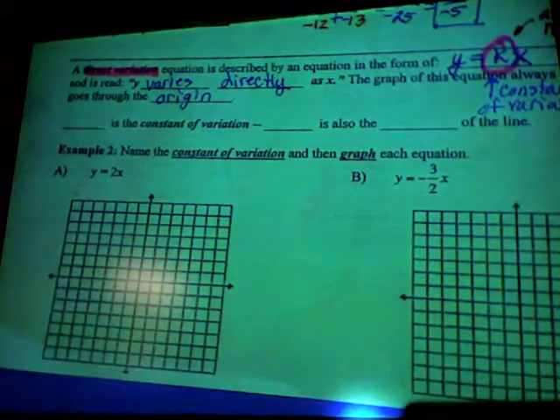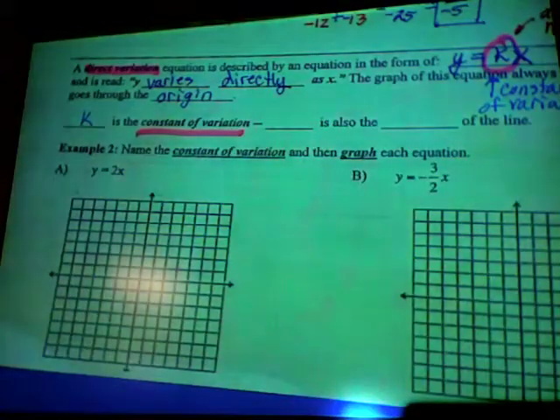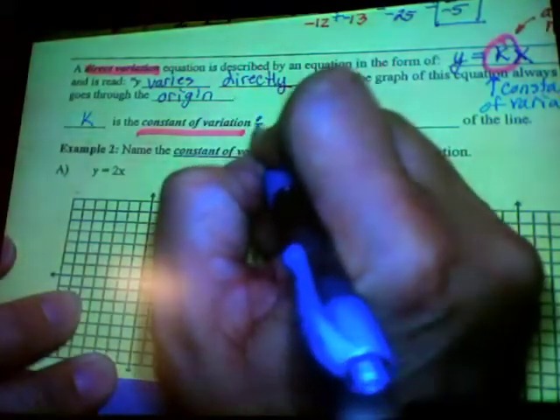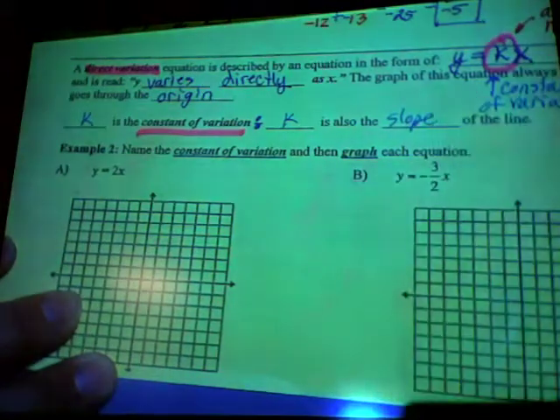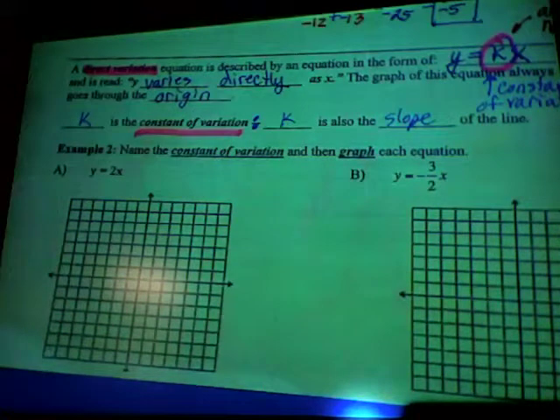So this part down here, k, is the constant of variation. There it is again. And then you can put a colon here if you feel better. K is also the slope of the line. You get the idea that I want you to understand that k is the slope? I've pounded you over the head with it.